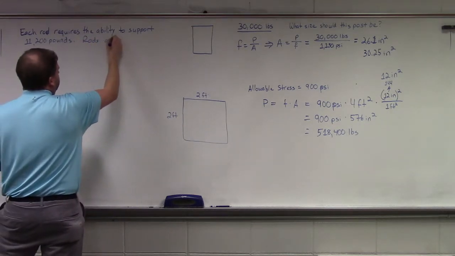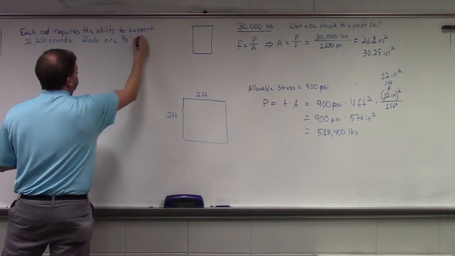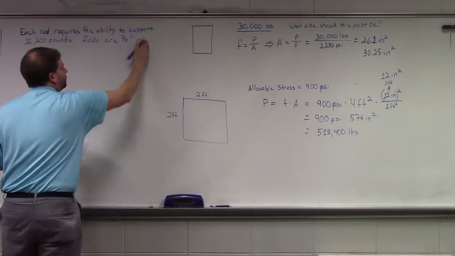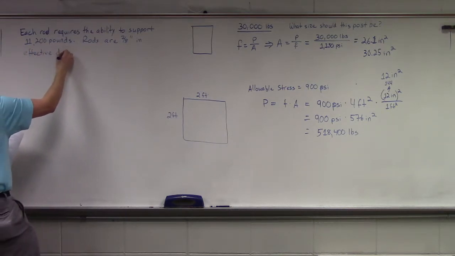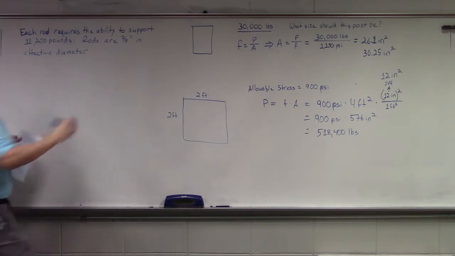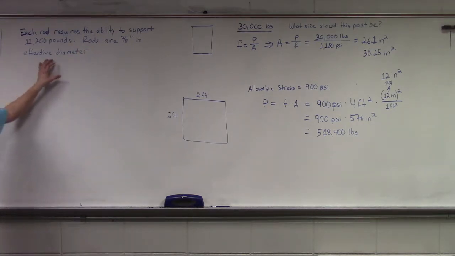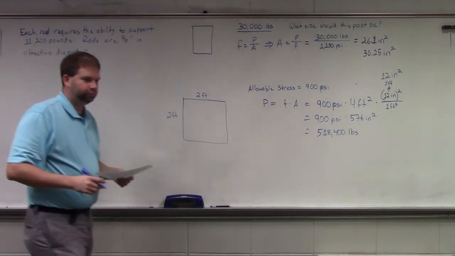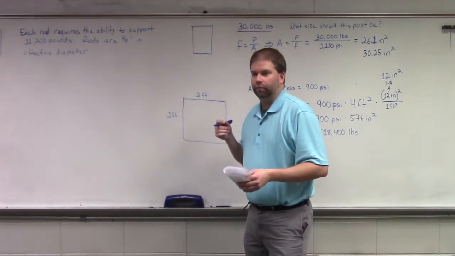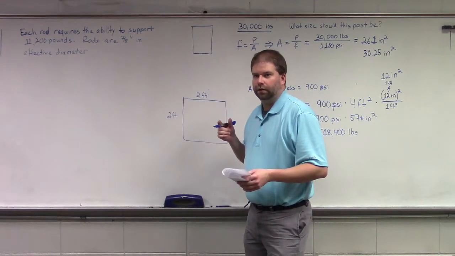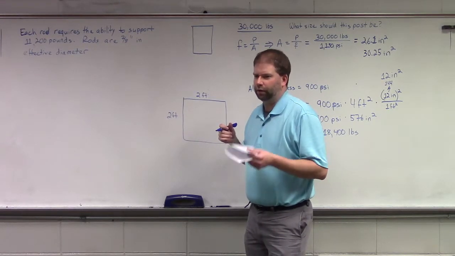Rods are 7/8 inch in diameter, and sorry, we should say effective diameter, so we don't have to reduce them based on shearing or any sort of end cutting that goes on with them. So what is it that we need to determine? That the 7/8 rods can carry that load, that they can carry 11,200 pounds. Is that what we want to determine?